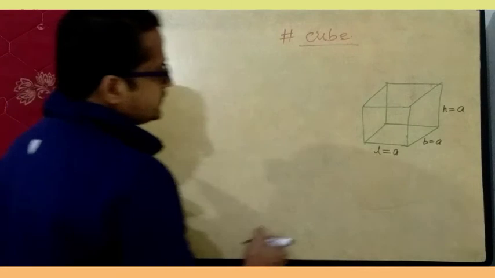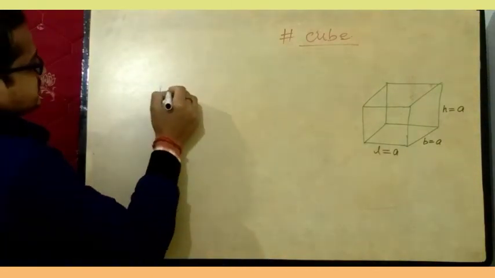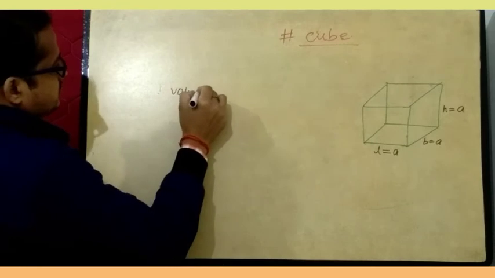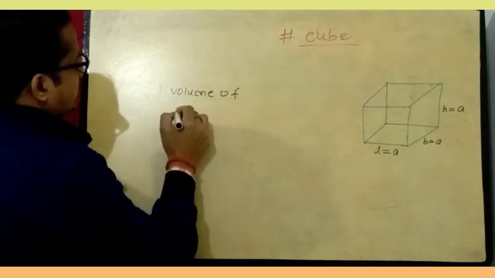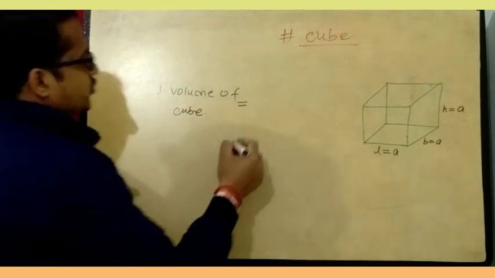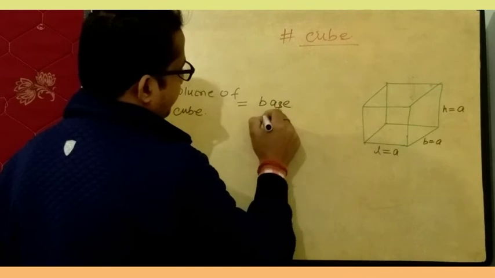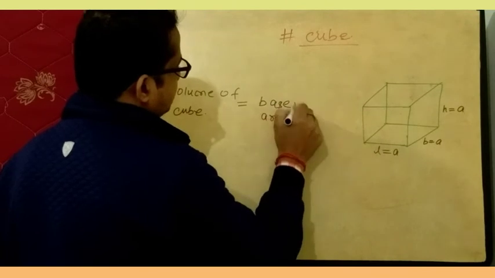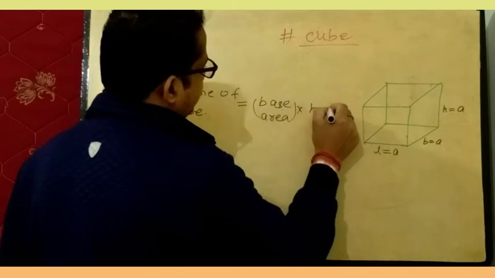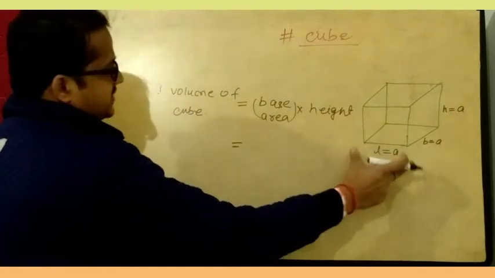Now in order to calculate the volume of the cube, the volume of the cube equals simply base area multiplied by height. What is the base area?